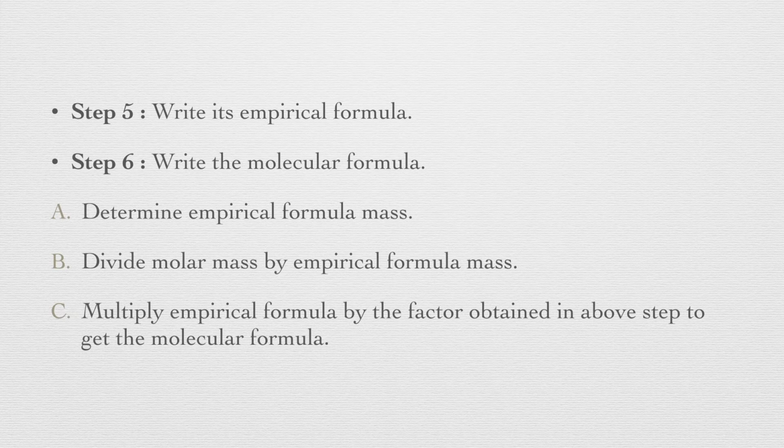Like I have to put, instead of carbon I will be taking 12, plus H is 2, so it will be 2 into 1, plus I have taken oxygen, so oxygen will be plus 16. So that will be my empirical formula mass. Once I get the empirical formula mass, next step I have to do, that is I have to divide the molar mass by empirical formula mass. Okay, so there I'll get a factor. So let that factor be R.